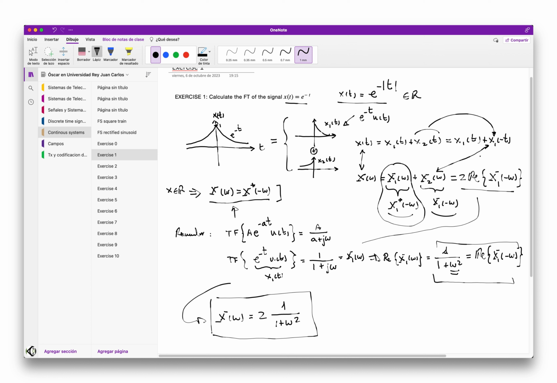Remember, if I have a signal x of t which has a Fourier transform X of omega, the Fourier transform of x of minus t is X of minus omega. This is another important property of the Fourier transform, which is what I put into place over here. And once I have that, I made use of this Fourier transform to calculate the real part, and this is what I plugged in here.